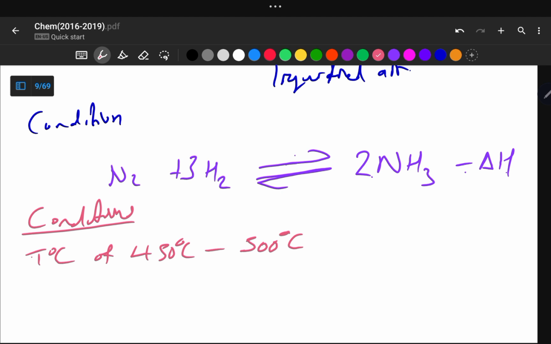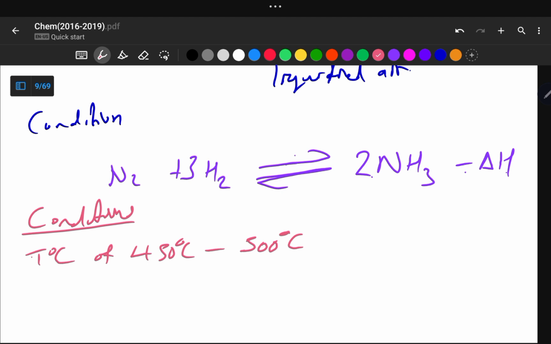Because this is a negative enthalpy change. So the energy is being lost to the surroundings. To increase the forward reaction, we must use a lower temperature. But using a lower temperature will cause the reaction to occur at a slower rate. So we want to increase the speed of the reaction while at the same time maximizing the yield. So we use a moderate temperature of this range.